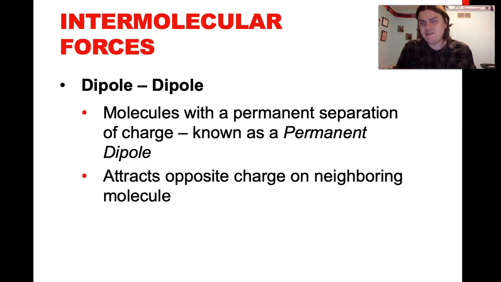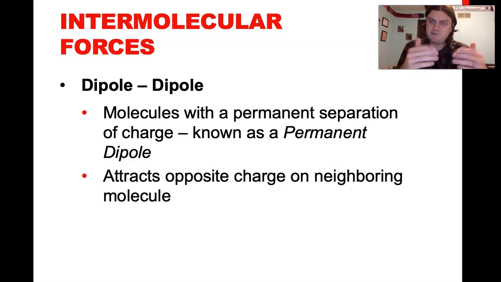And what we'll find, and we'll have an example of this in just a moment for you to visually look at, is that the molecule will have a permanent partial positive and a partial negative, as will its neighbors if they have the same identity. And that permanent partial positive will be attracted to a permanent partial negative on a neighboring molecule.